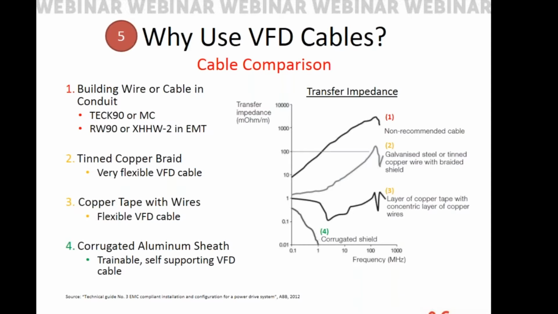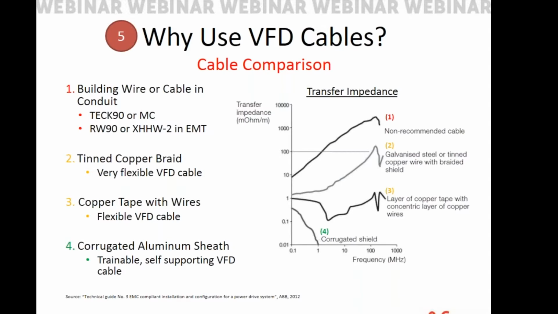So the threshold of 100 milliohm per meter was set up as a go, no go threshold. Anything below that is great, anything above is not desirable. Now you'd want to stay below that threshold up into the megahertz frequency range, up into about 100 megahertz, ideally, for a typical VFD.